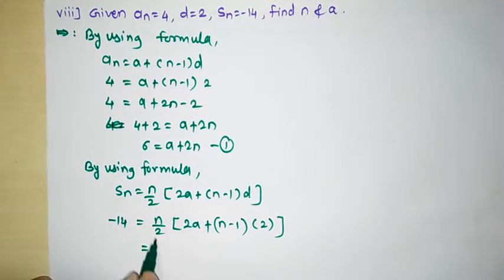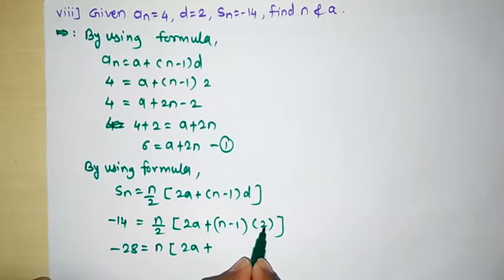Now send this 2 towards the left hand side. 2 into minus 14 will become minus 28 is equal to n into 2a plus n minus 1 into 2. This 2 multiplies in the bracket. 2 into n will become 2n, 2 into minus 1 is minus 2.